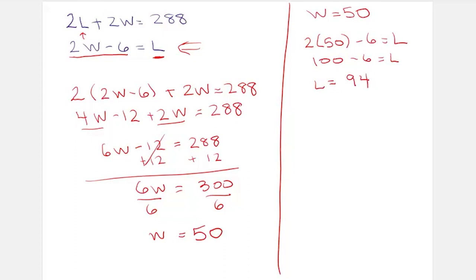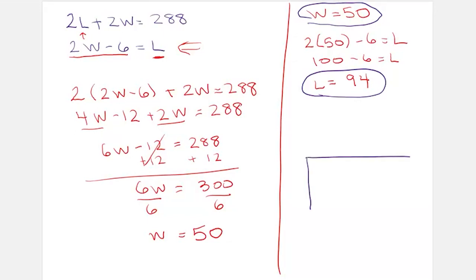So now I have my two solutions, and basically what I want to do is check my answer. If this side is 94 and this is 50, then this side is 50 and this side is 94.